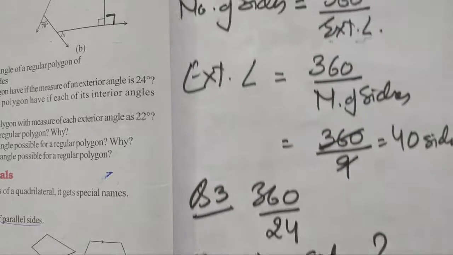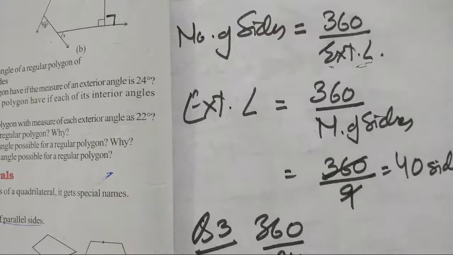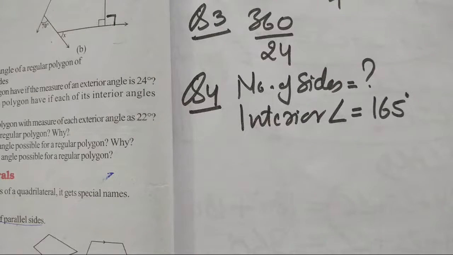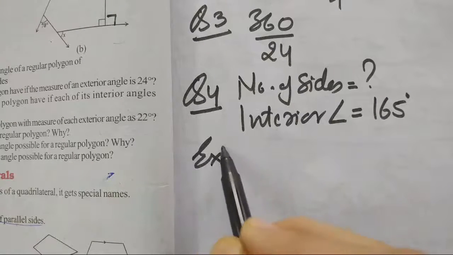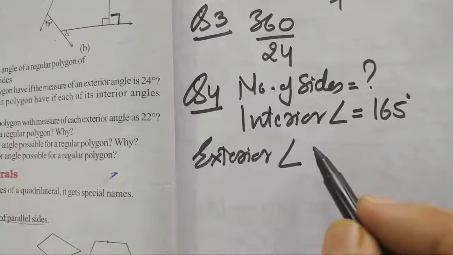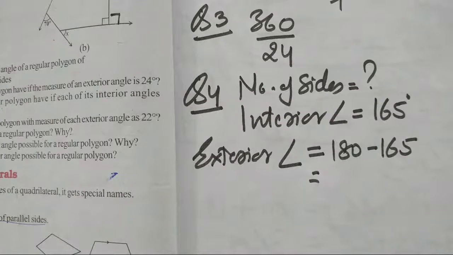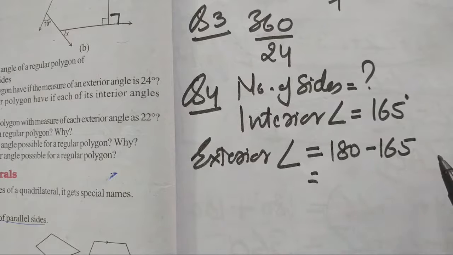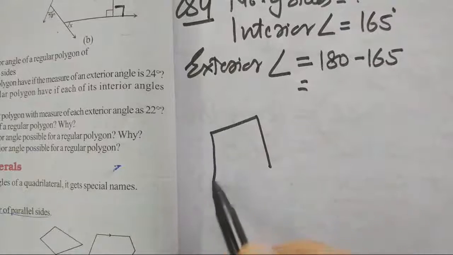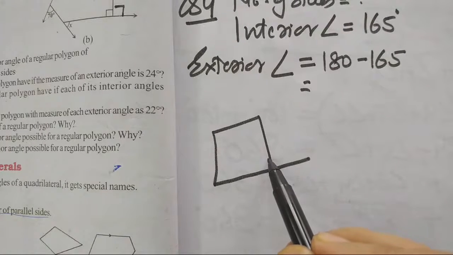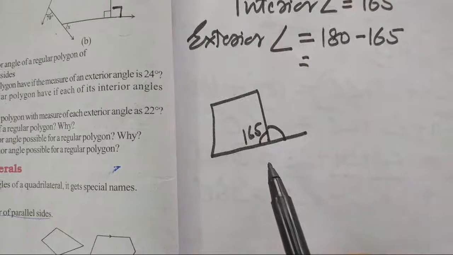So if you use the number of sides formula, it is 360 upon exterior angle. But in the question, the interior angle is given. So you can solve by finding the exterior angle. So the exterior angle will be 180 minus 165. Why are we doing this? Because suppose there is a polygon whose interior angle is given as 165, then I can find the exterior angle by using the linear pair property.